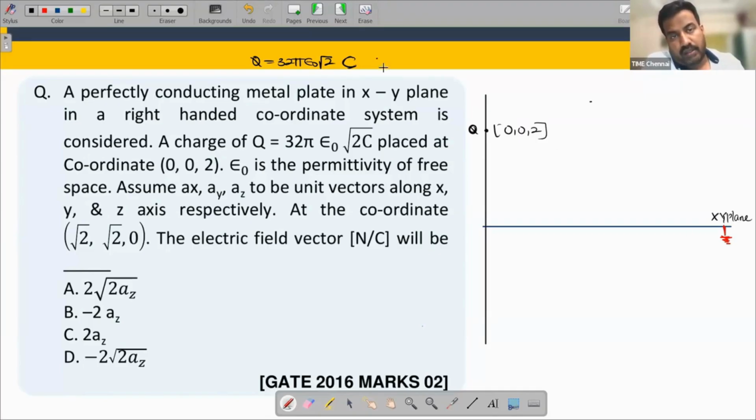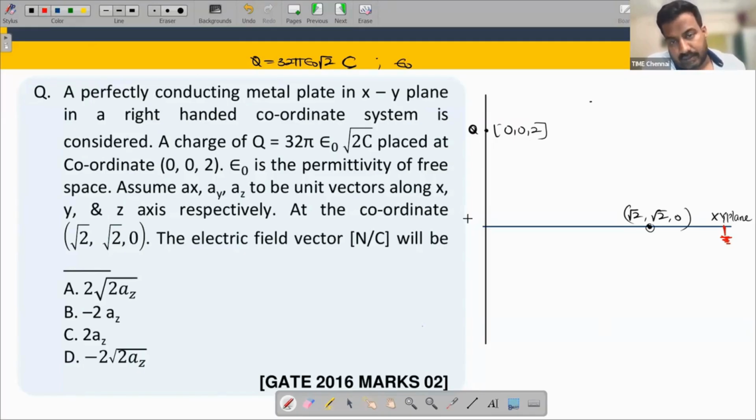If epsilon naught is the permittivity of free space and ax, ay, az are the unit vectors along x, y and z respectively, the coordinate root 2 comma root 2 comma 0, which implies xy plane. Find the electric field vector at this point.